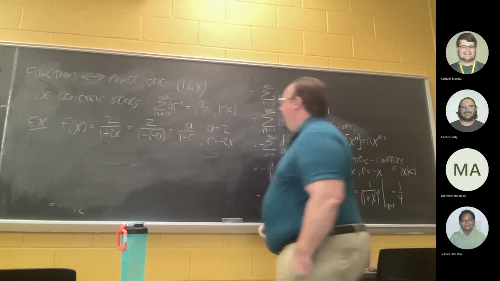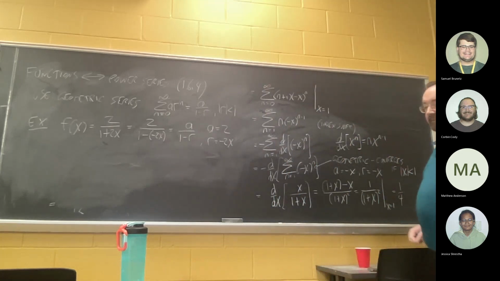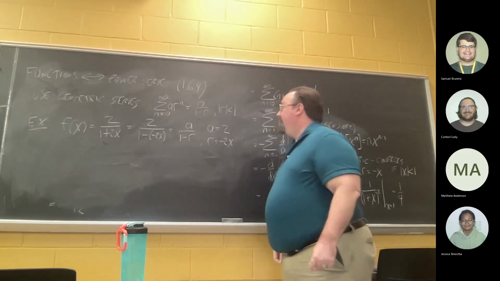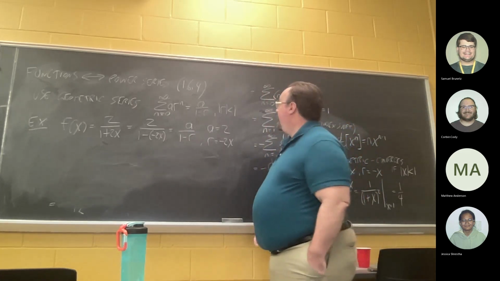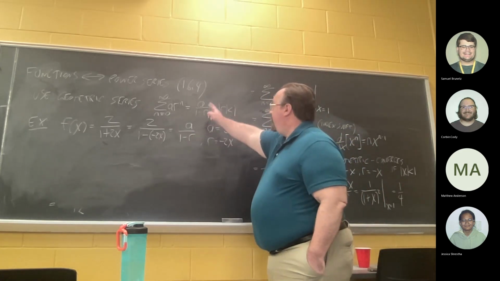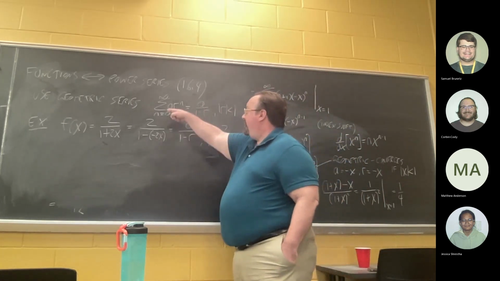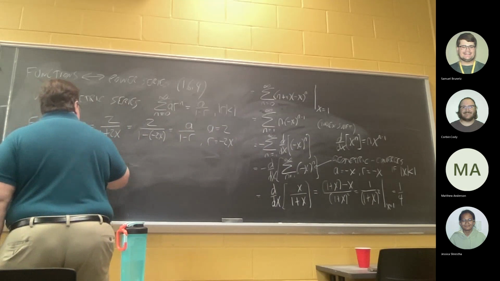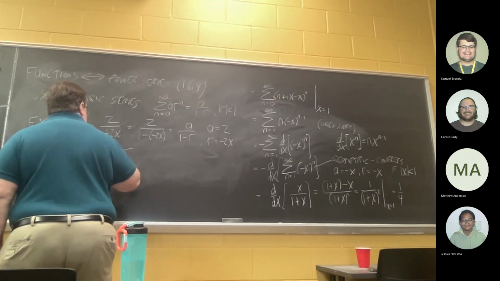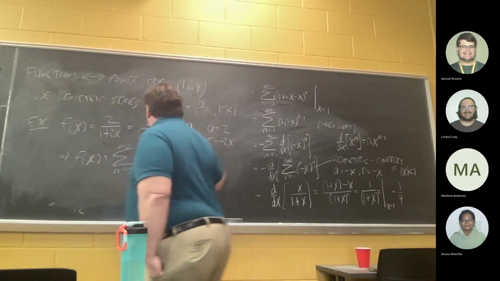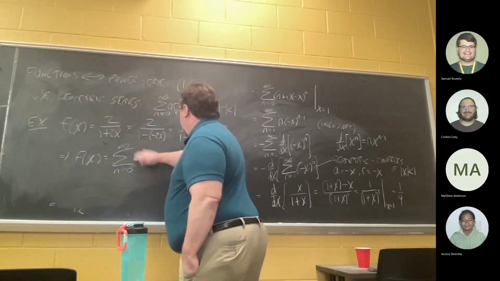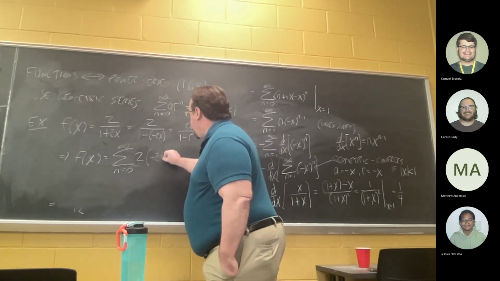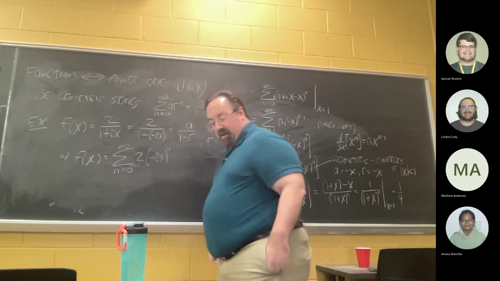So it's minus 2x. Now that you have your function in this form, you can go backwards to this and get the series: the sum from 0 to infinity of your a, which is 2, and then your r, all raised to the nth power.